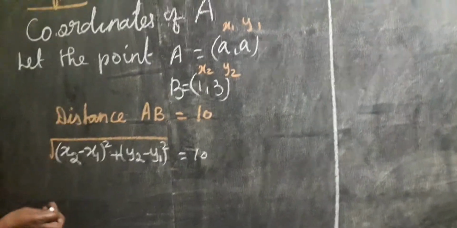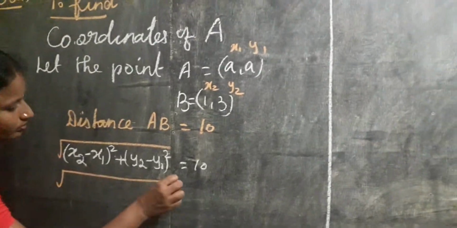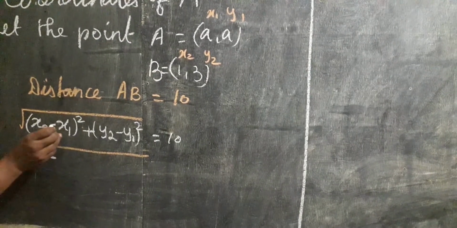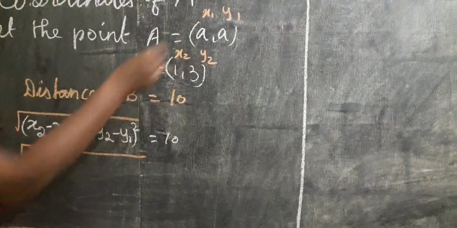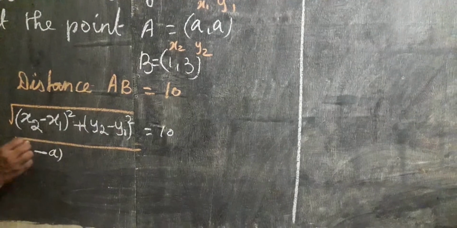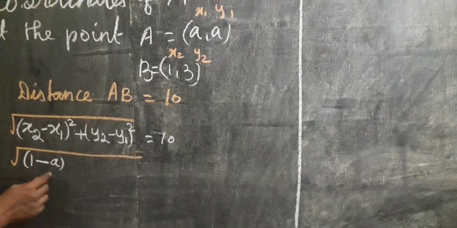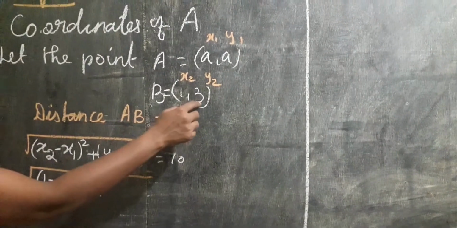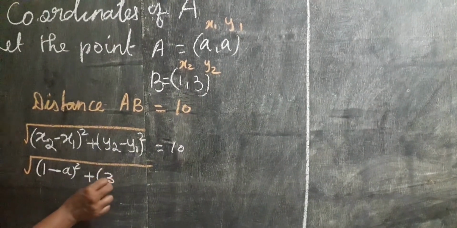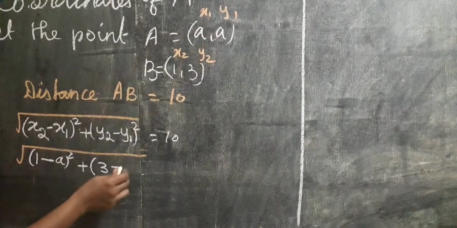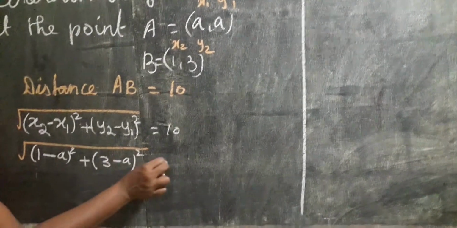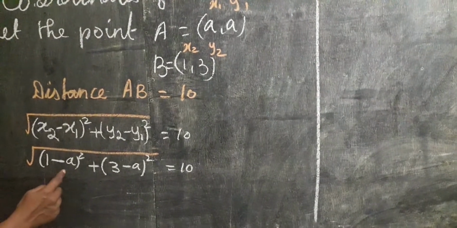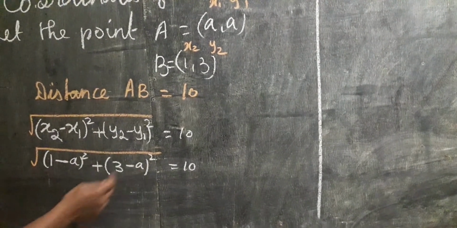So square root of 1 minus x1, that is A, whole square, plus y2, which is 3, minus y1, which is A, whole square, is equal to 10. Next, square root of 1 minus A whole square plus 3 minus A whole square.